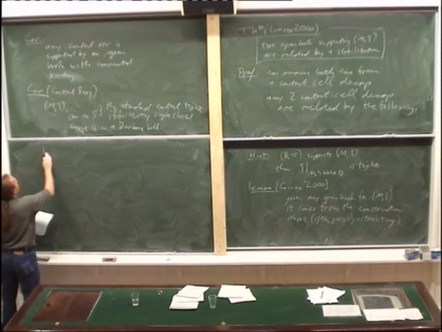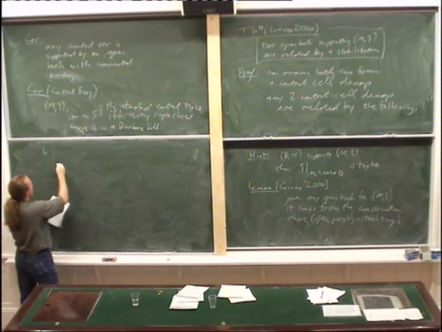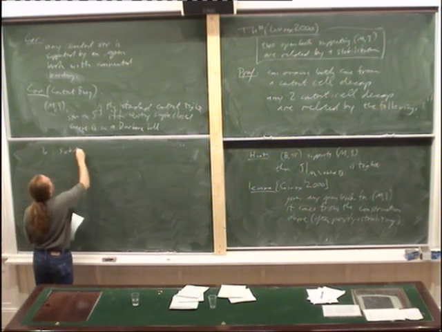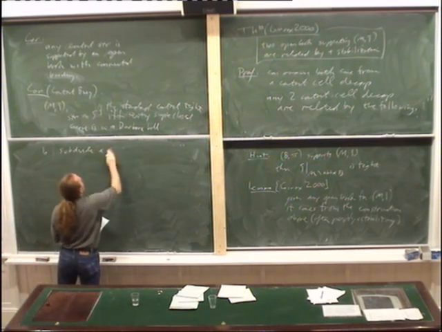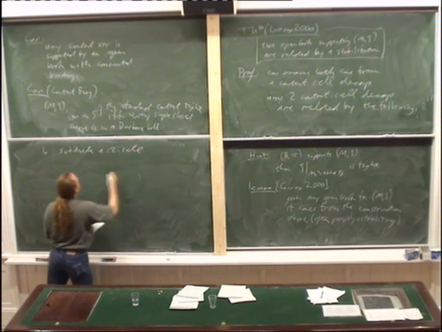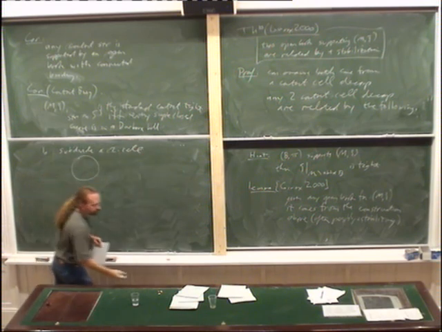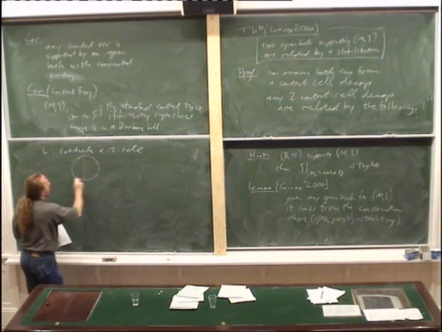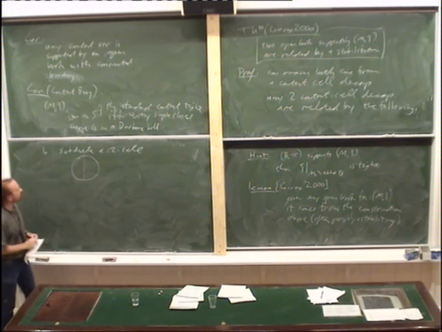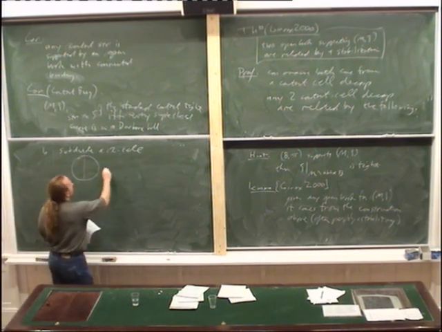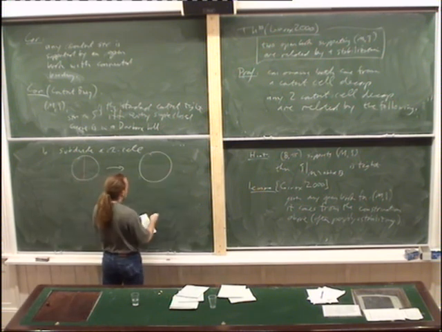So the first thing you might have to do is subdivide a cell, a 2-cell. So you have a 2-cell here. We can think of it, since it's a contact cell decomposition, as a convex surface. So I'll put the dividing curve on it. You can divide it, and the way you divide it is as follows.